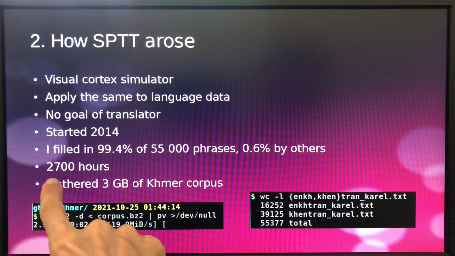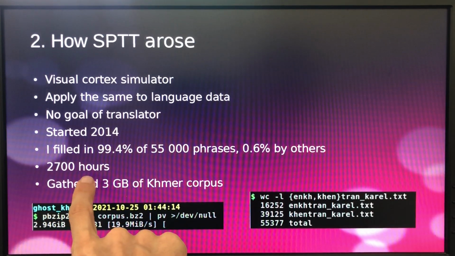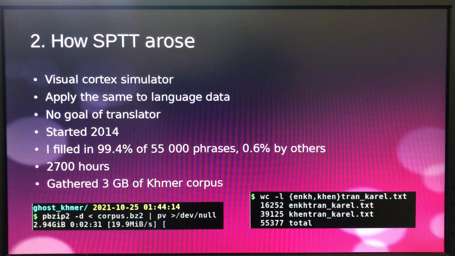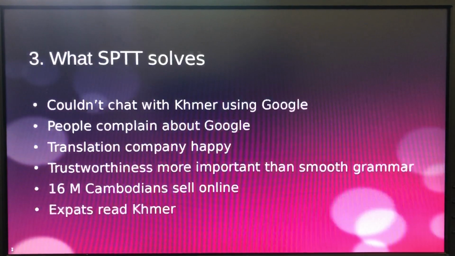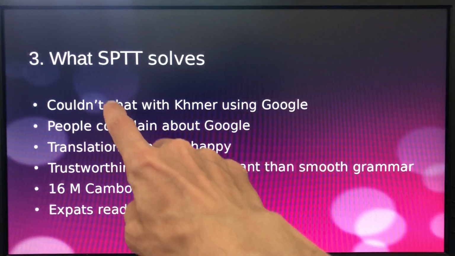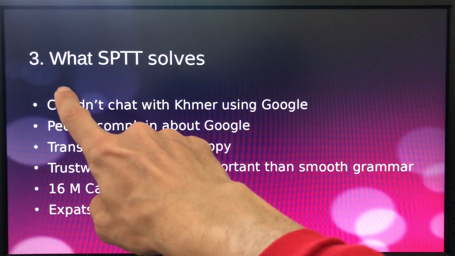Since then I spent 2,700 hours on that project and gathered 3 gigabytes of cleaned up Khmer corpus. You know, that's the big text the neural network is using to learn, to train about the Khmer language.